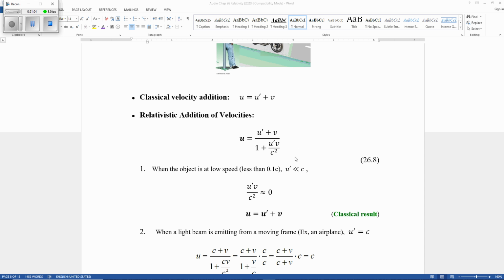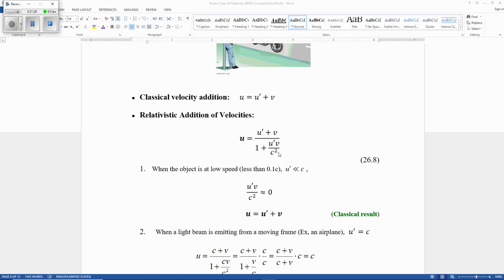We have this equation. It looks a little complicated, but this is a very important one. U equals U prime plus V, divided by 1 plus U prime times V divided by c squared.